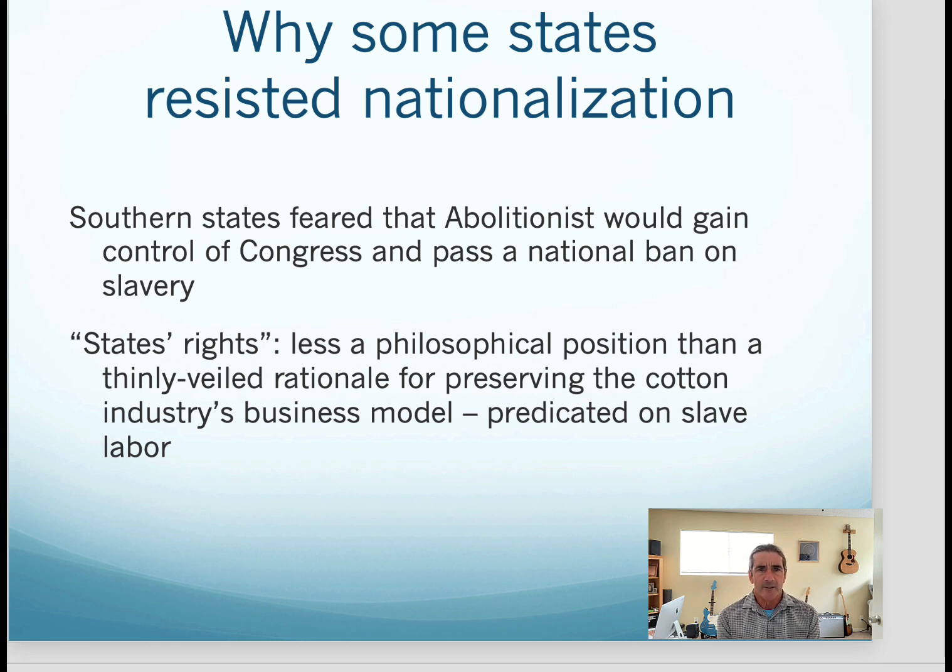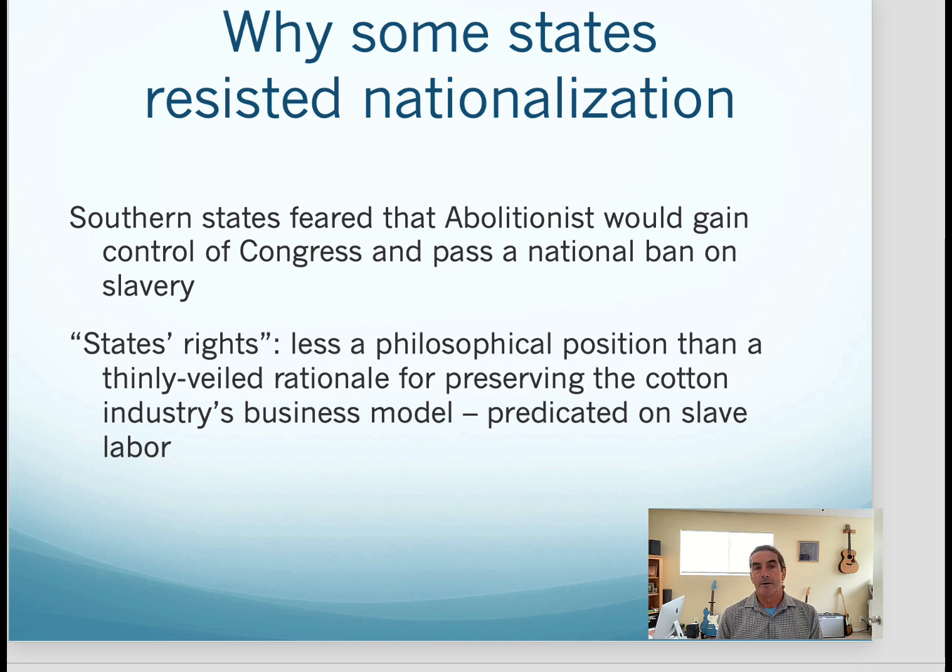So states' rights sounds like some sort of principled, high-minded, political philosophy. Not so much. It really was a rationale for keeping the federal government out of regulating slavery. Because if abolitionists gained a foothold in Congress and passed a national ban on slavery, then that would affect, obviously, the southern states and would have changed their entire economies.